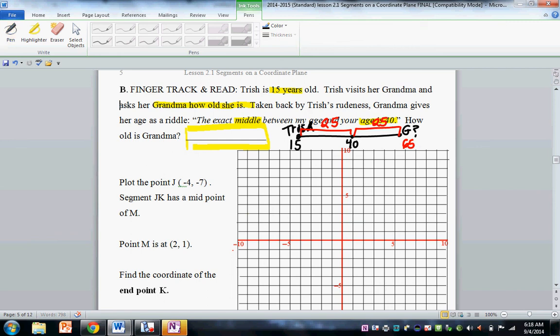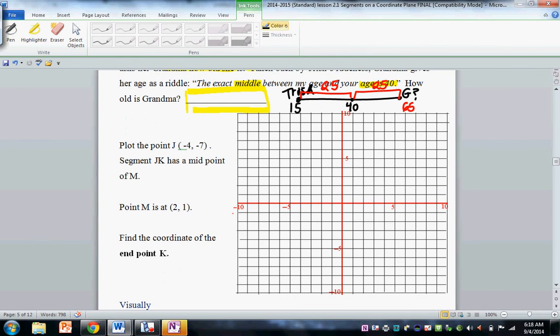Keep that riddle in mind as we do this. It says you're going to plot point J at -4 and -7. We're going to plot point J. So J is at -4, -7.